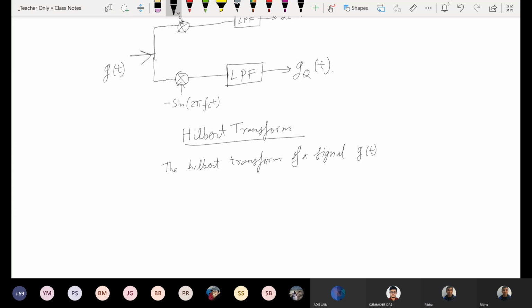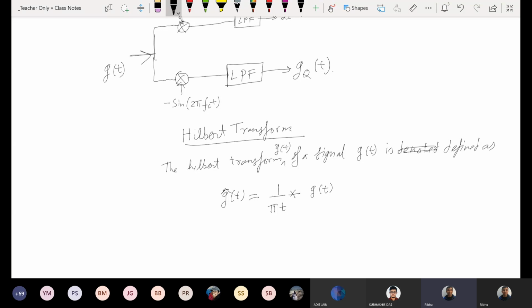The Hilbert transform G hat(t) of a signal g(t) is defined as G hat(t) equals 1 over pi t convolved with g(t).